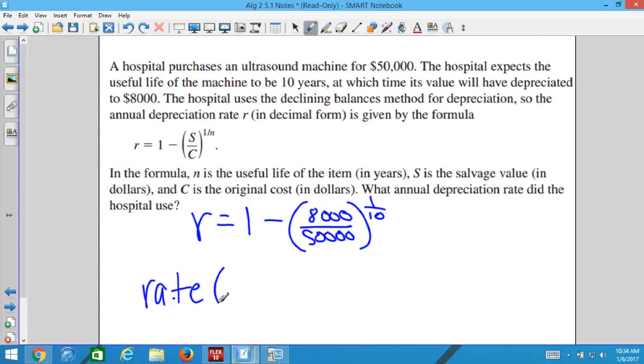The rate is the R, but write it in percent form, not decimal form. Remember how we do our homework: you divide, multiply by 100 and put it in percent form.